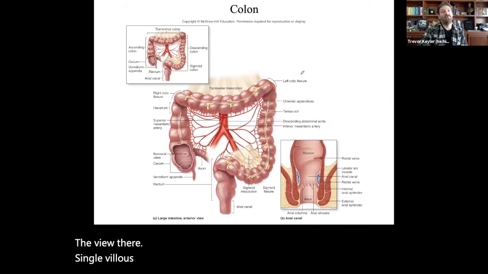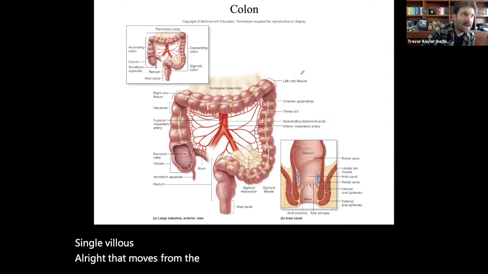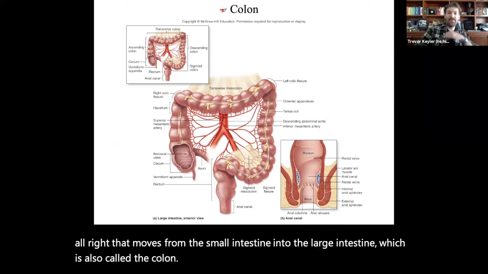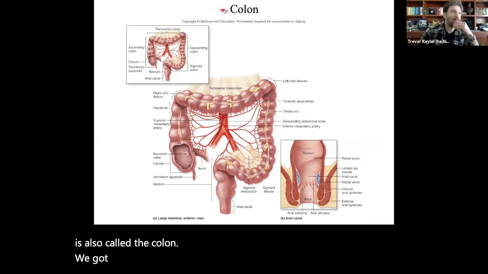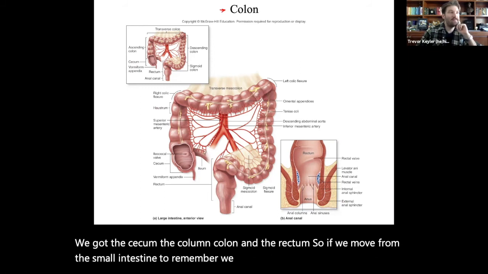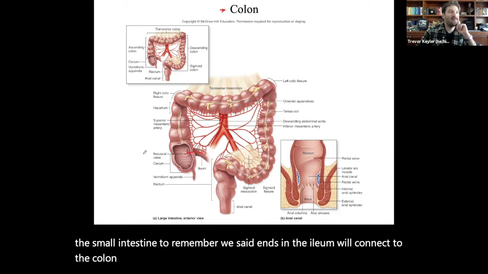All right, that moves us from the small intestine into the large intestine, which is also called the colon. We've got 3 sections here: the cecum, the colon, and the rectum. If we move from the small intestine, which remember we said ends in the ileum, we'll connect to the colon via the ileocecal valve.